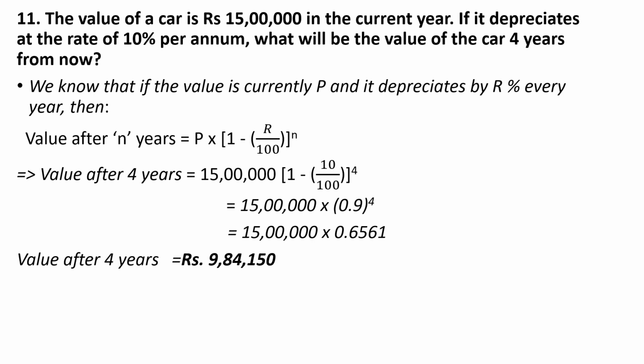So the value of the car after 4 years will be 9,84,150. So here the difference, that is 15 lakh minus 9,84,150, this amount is called the depreciated value. The difference between these two is the depreciated value.